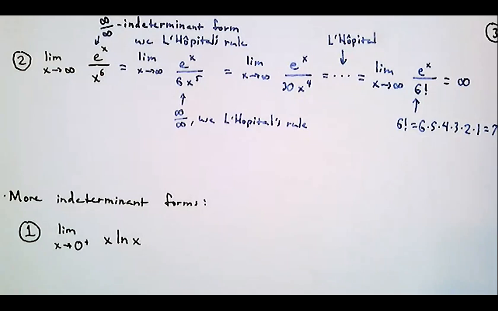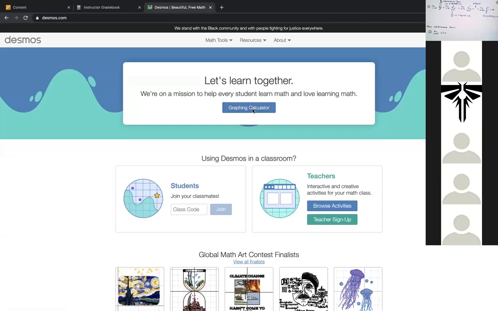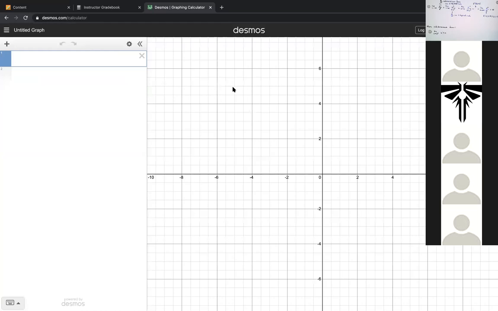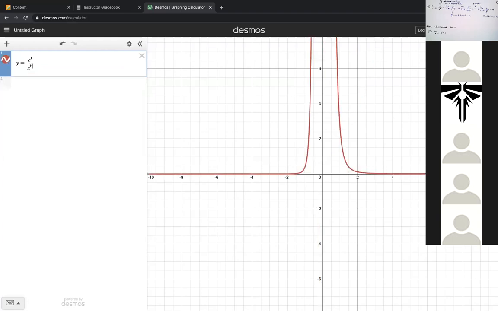And maybe now would be a good time to pull up a graph. Get a window open here. Okay, so here is my graphing calculator, and maybe I'll graph our original function, e to the x over x to the 6th power.